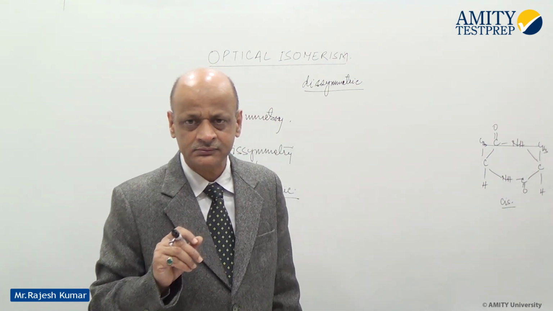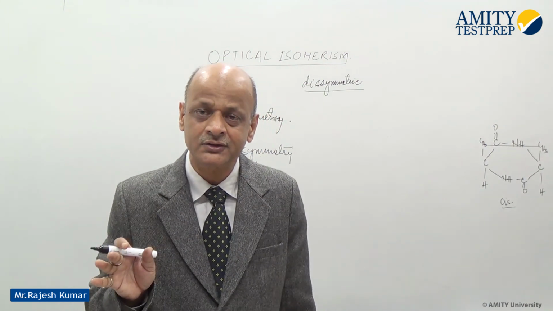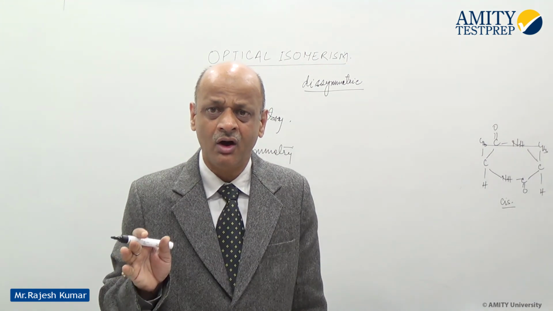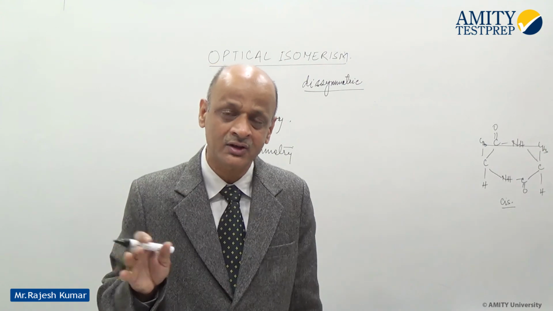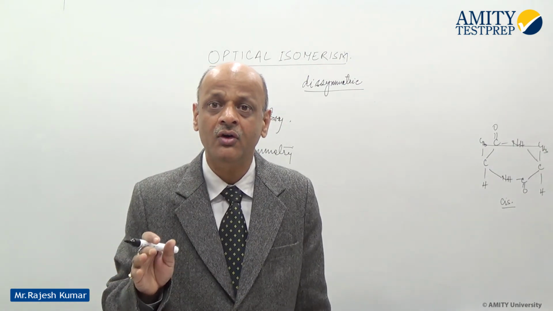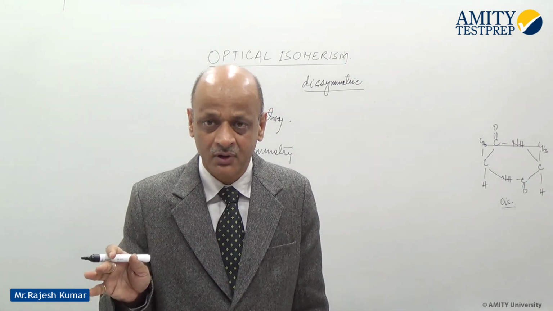Now in the next part we will study those molecules which are optically active but have no asymmetric carbon atoms, and we will also discuss the total number of optical isomers formed by optically active molecules.